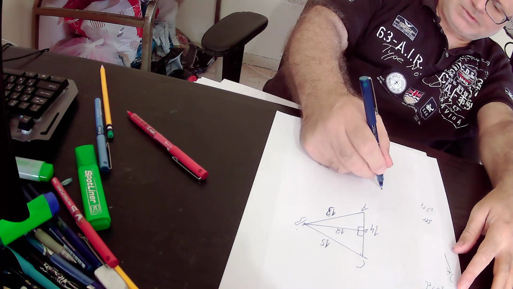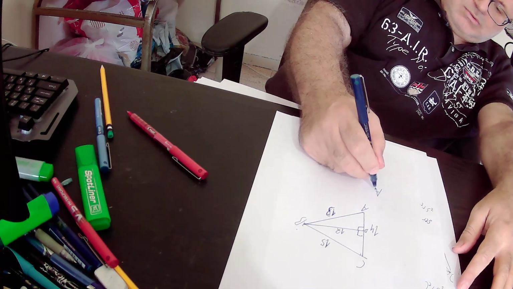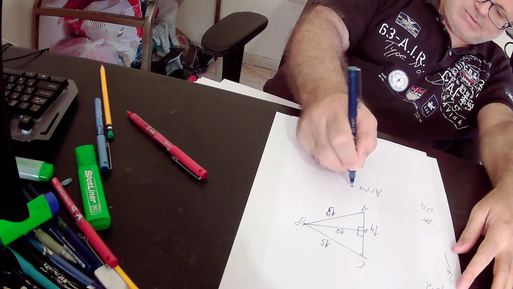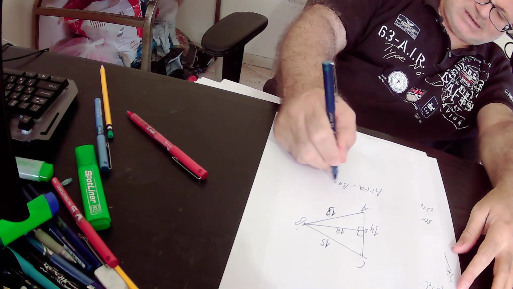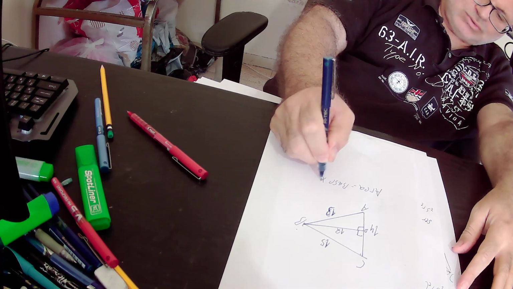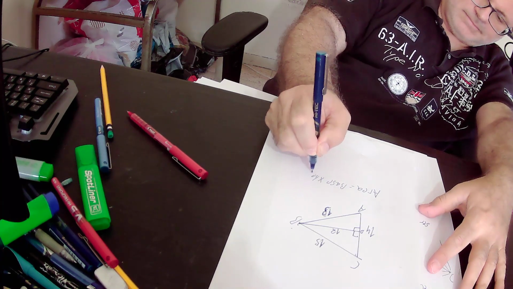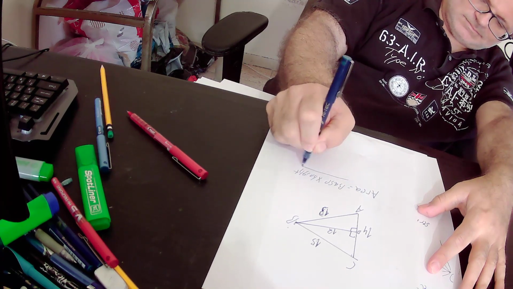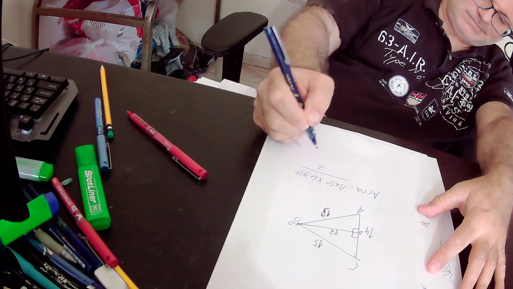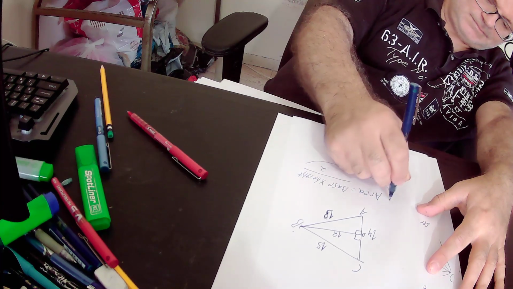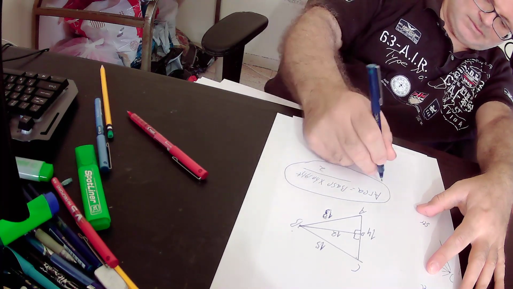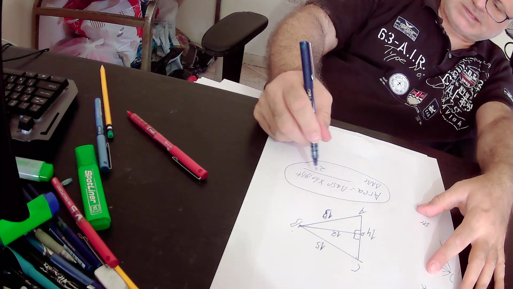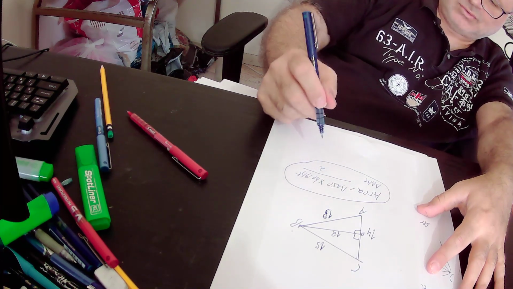The area of any triangle, and especially triangle ABC, will be equal to the base of the triangle times the height to the base over 2.